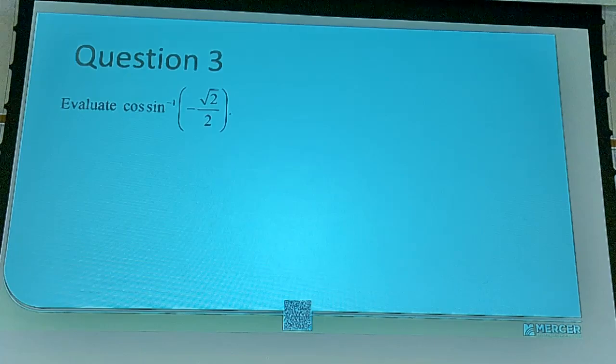To do that, you ask yourself, within the range of inverse sine, what was the range of inverse sine? Negative pi over 2, comma, pi over 2. So within that range, sine of what angle is -√2/2?